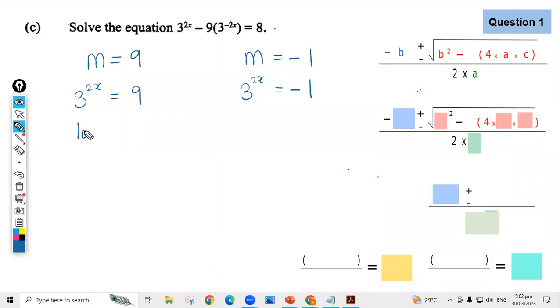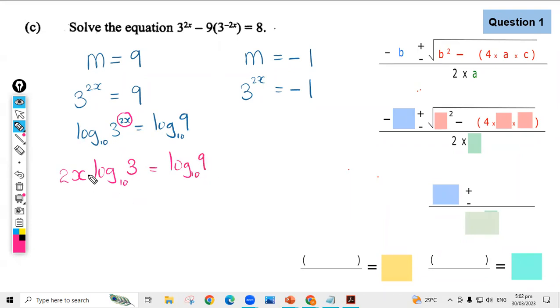If we log both sides, now we're logging to the base 10. If we log one side, we have to log the other side. According to the logs rules, the power, we can throw it where? In front. So 2x log 10, 3 is equal to log 10, 9.